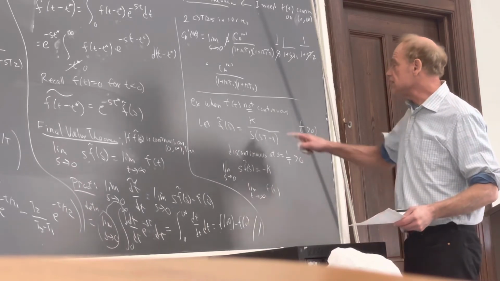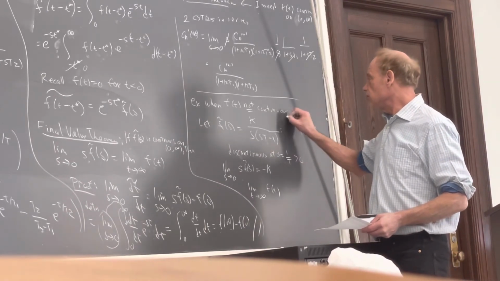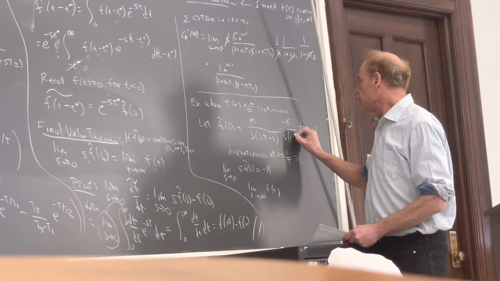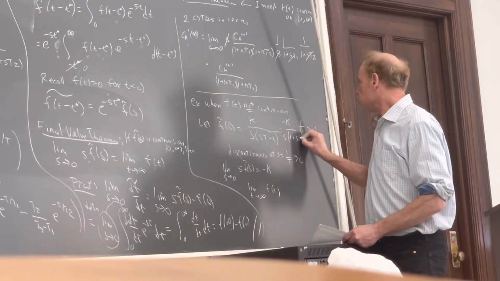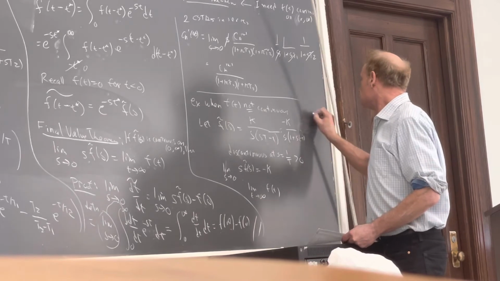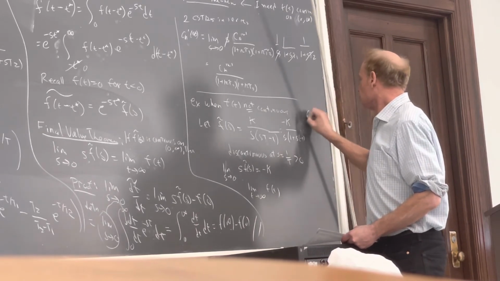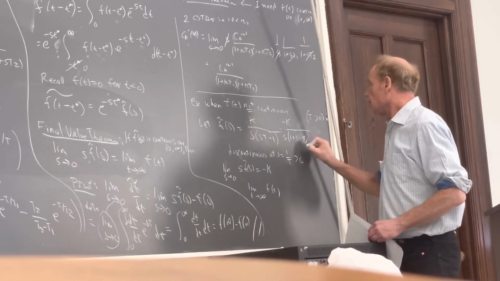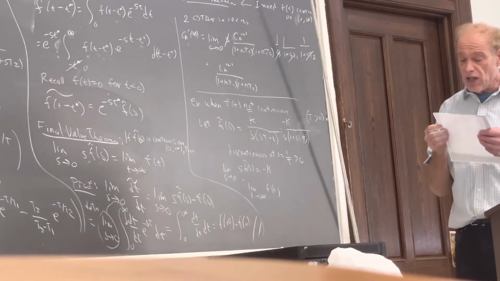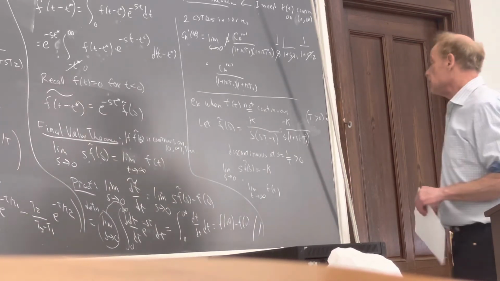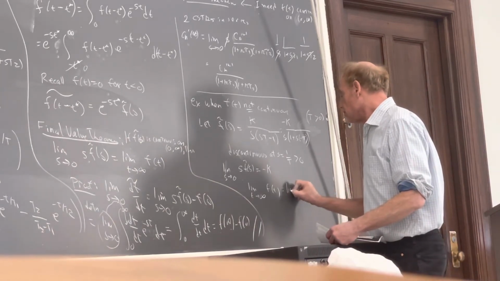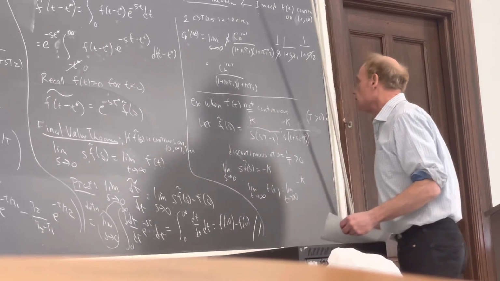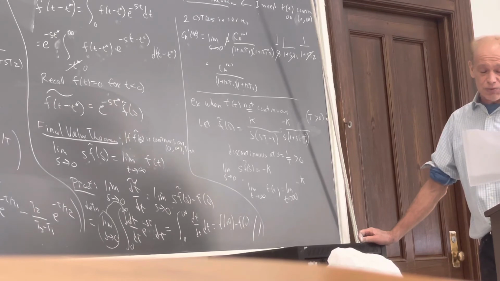So let's notice that this is equal to k minus k over s times 1 plus s times minus t. And I wrote it in this form so that it's in the form of line 5. So this is the limit as t goes to infinity of minus k, and then I have 1 over 1 plus s with the minus t.